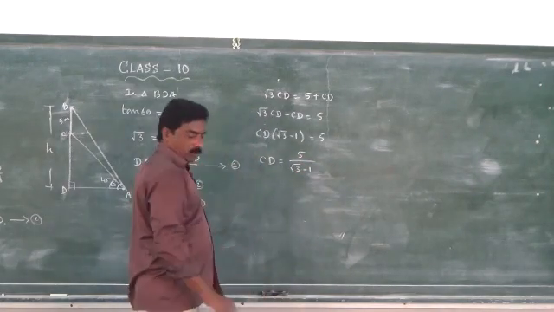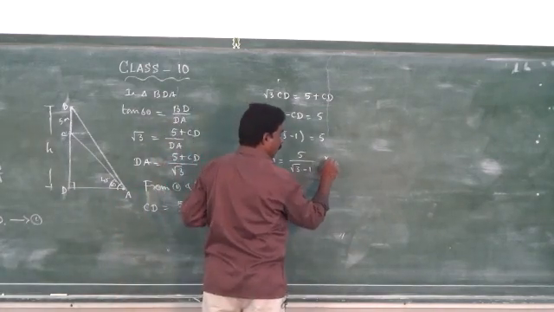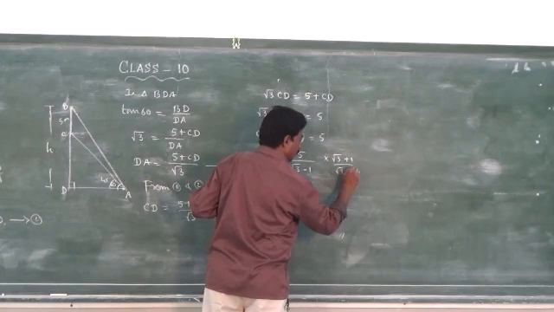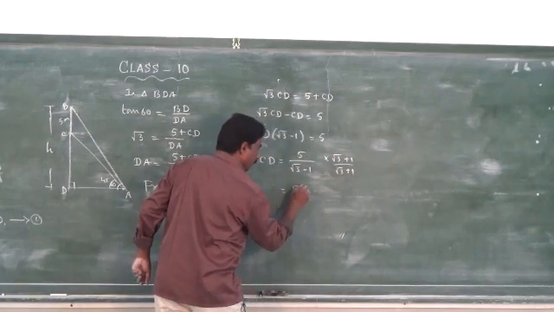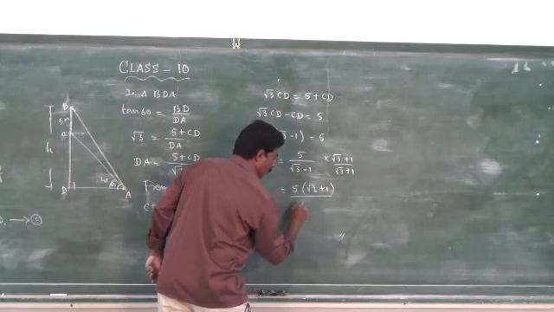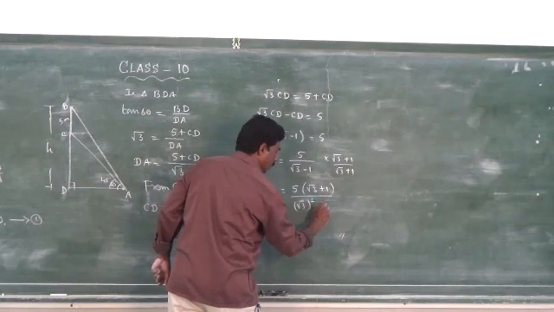So when you conjugate on both sides, so root 3 minus 1. So you have to multiply both sides by root 3 plus 1. When you multiply, you will get 5 into root 3 plus 1 by root 3 square, a minus b into a plus b, minus 1 square.